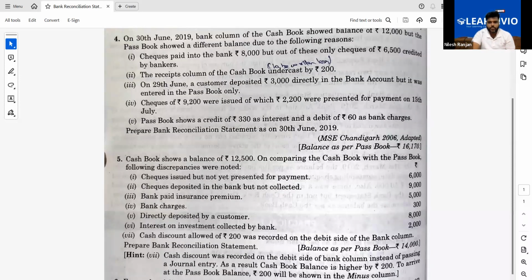Okay, can you see question number 5? Yes, sir. Can you solve this question? Yes, sir. Try it, and if you have any doubt, you can ask. First, read the whole question so that if you have any problem understanding the question, then ask.